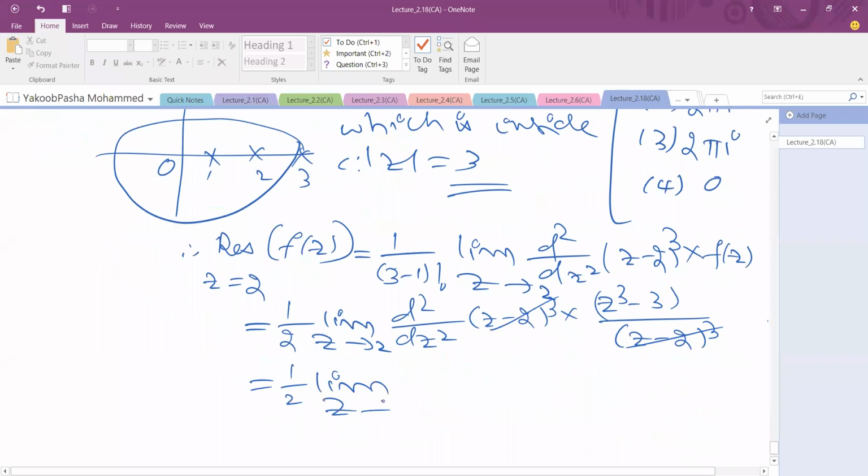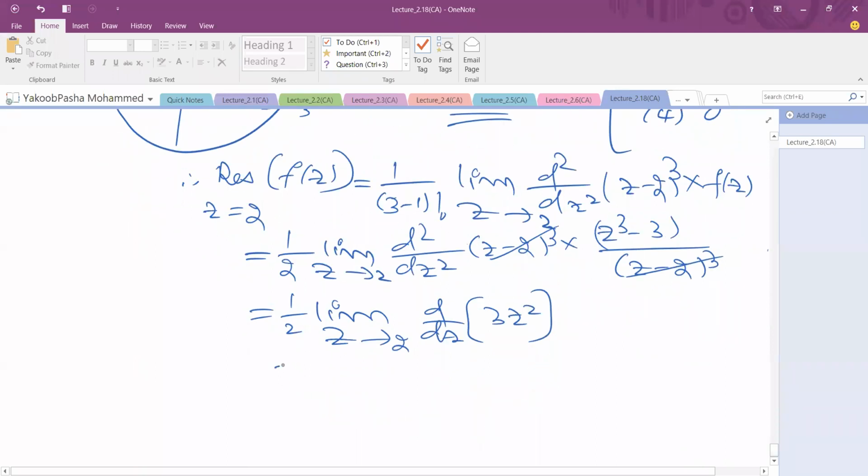Limit z tends to 2. One time differentiation, that is 3z square. Again differentiate, that is equal to 3 by 2, limit z tends to 2, that is 2z. So as z tends to 2, this value is 2 into 3, this is 3 into 2, that is equal to 6.